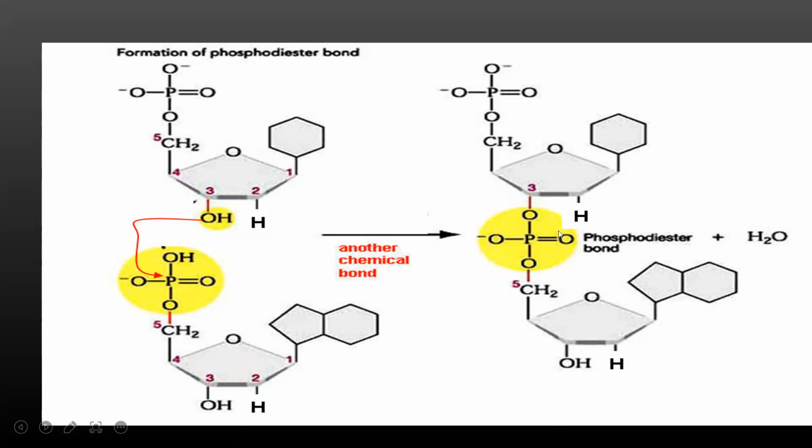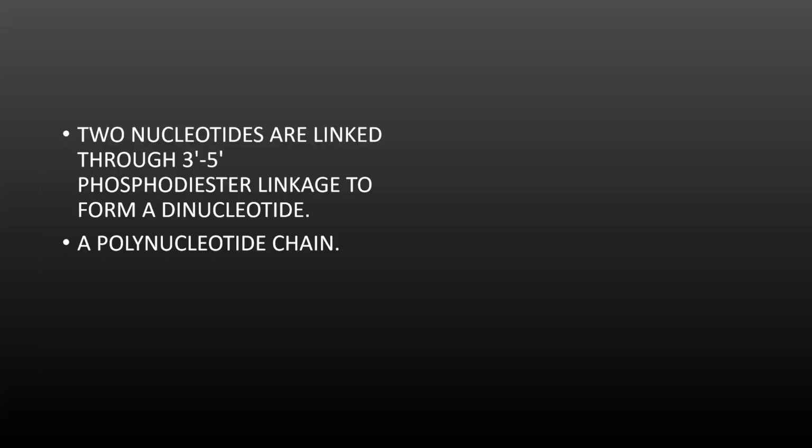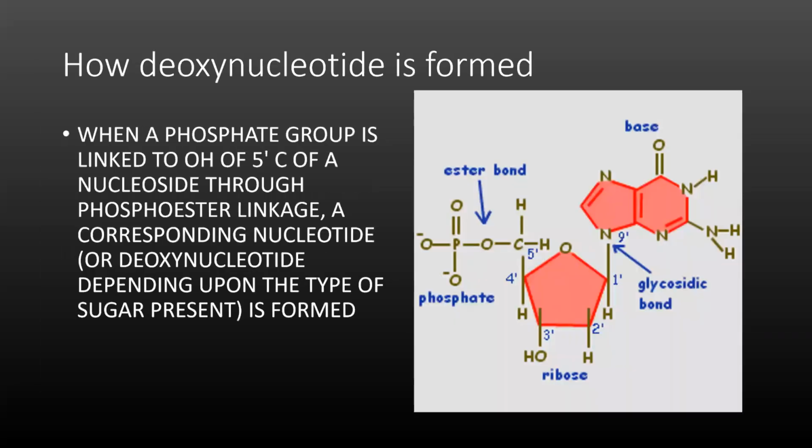Now, can you tell why it is called a phosphodiester bond? Ester group is present. What is the bond present in a single nucleotide? Phosphoester. In a single nucleotide, it was phosphoester. What is happening when they are joining?